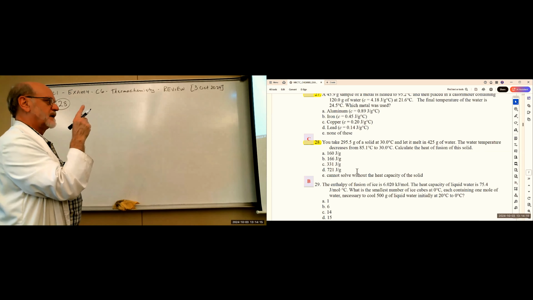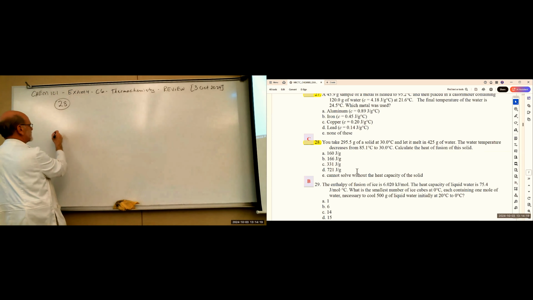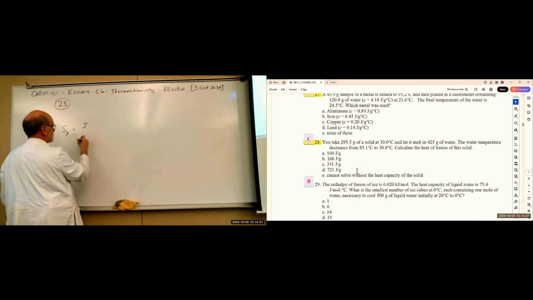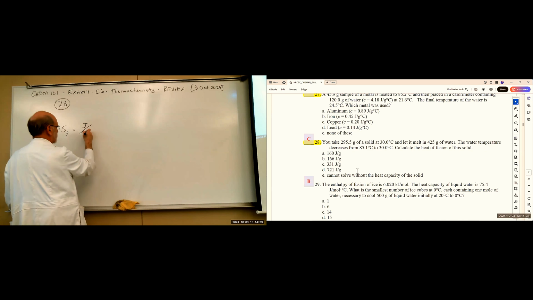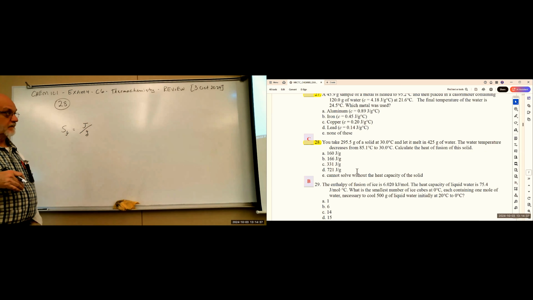It has the mass term, the heat of fusion. I guess it'd be S with a small f on it. This would be in terms of how much heat does it take to melt this many grams at its melting point. Okay.